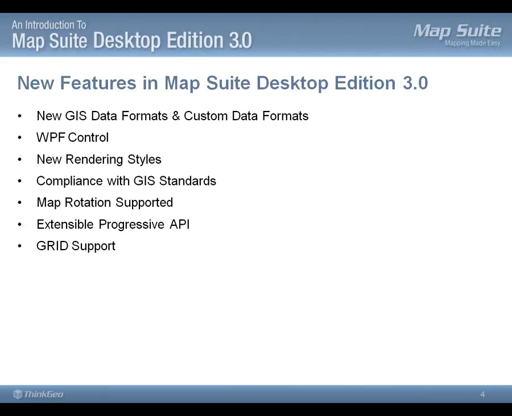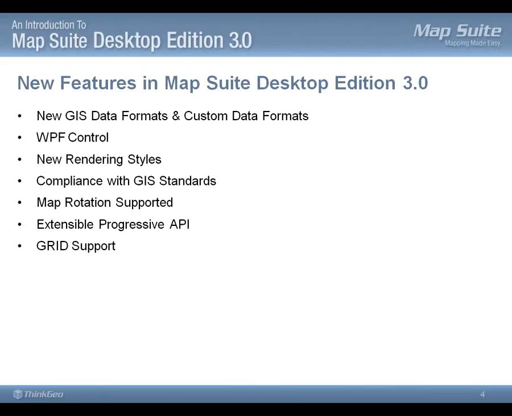Well, with 3.0, we re-engineered the whole API to allow for all sorts of different formats to be supported. We now include SQL 2008 support since it has some spatial data types in it, Oracle Spatial, PostGIS, a lot of different spatial databases, just to name a few.